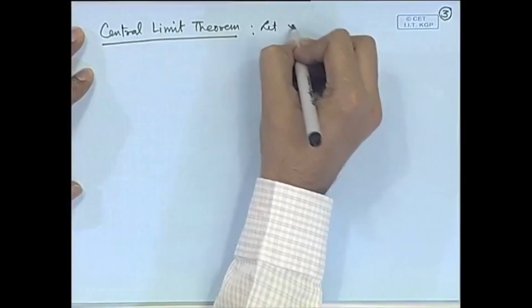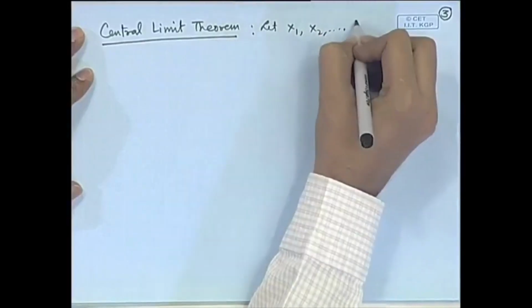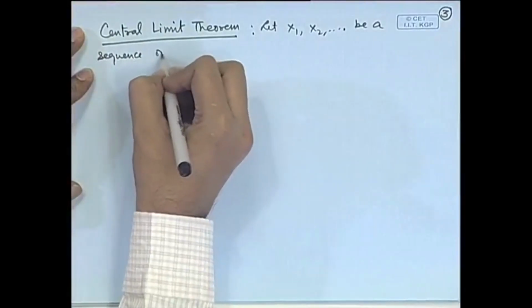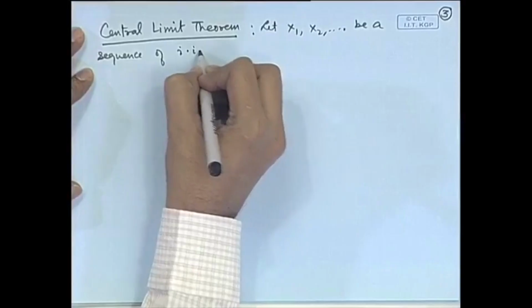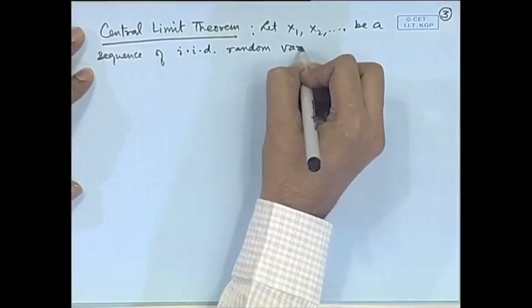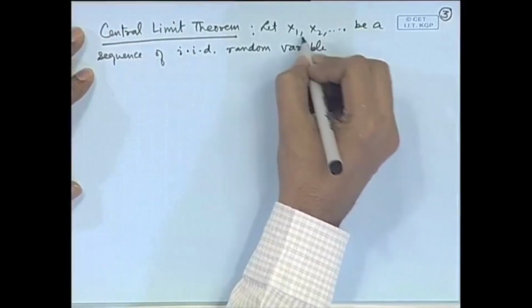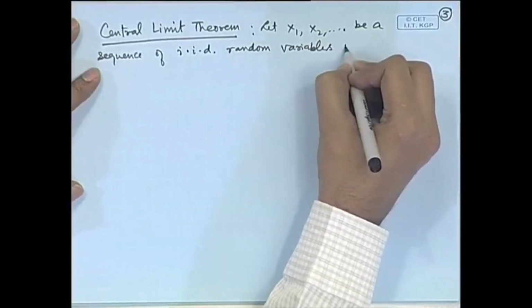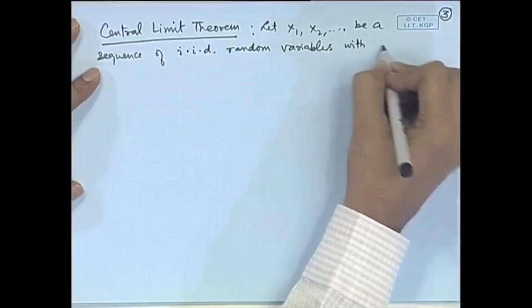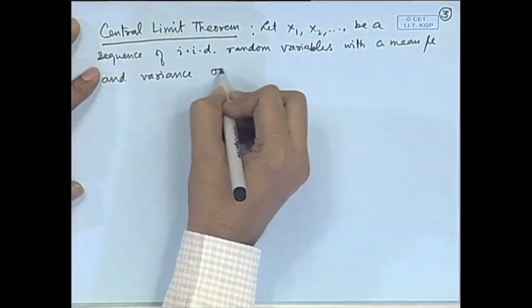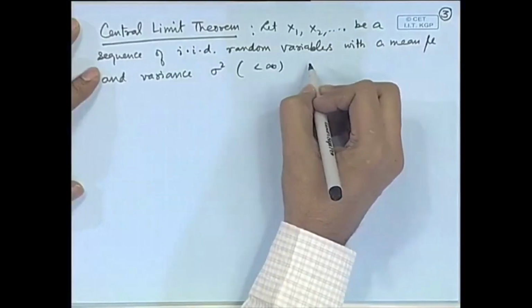Let X1, X2, and so on be a sequence of independent and identically distributed random variables. Basically, we are taking a sample with a large size. These IID random variables have mean mu and variance sigma square, which we assume to be finite.